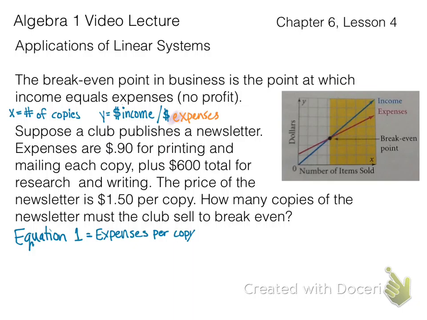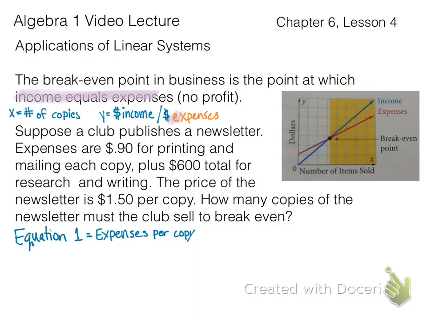The only thing is because we want to break even, it's where the income equals the expenses. So Y equals Y because Y is both income and expenses because they're the same amount. Now, if you were talking about profit, the income should be more than the expenses, but since we're breaking even, we want them to be exactly the same.